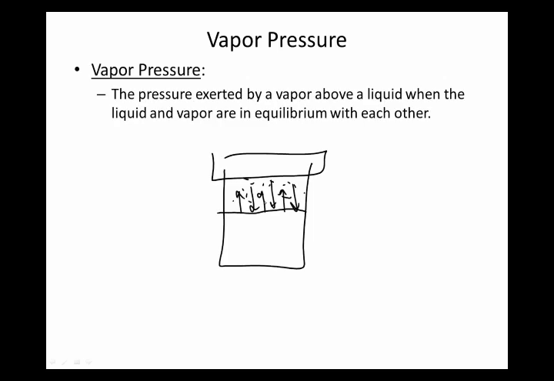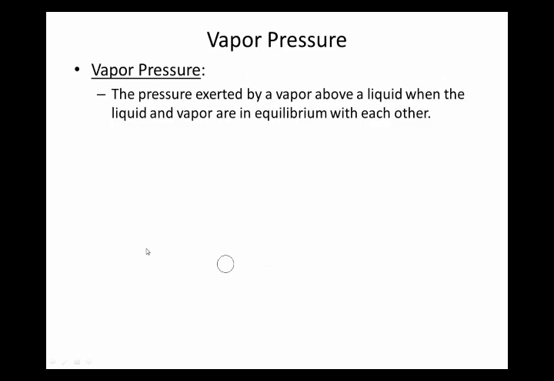This happens once the vapor reaches a certain partial pressure. That partial pressure at equilibrium is called the vapor pressure. Now, one important thing to understand about vapor pressure. However, sorry, I have to say something else before I go on to that. The vapor pressure is affected by two important things.